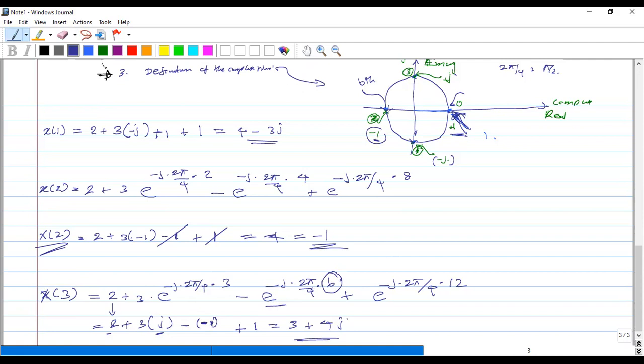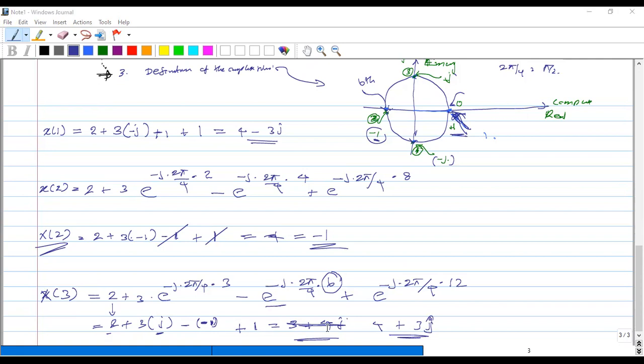So it is minus 1. So I think this one is also correct. So we will have 2 minus 1, that is plus 1, 2 plus 1, 3 plus 1, 4. So you will have 4 here plus 3j. So this one is the answer.